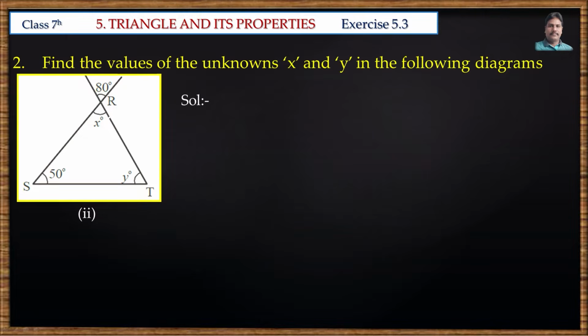First of all, we find the x value at vertex R. At vertex R, x degrees is equal to 80 degrees because they are opposite angles with the same vertex.